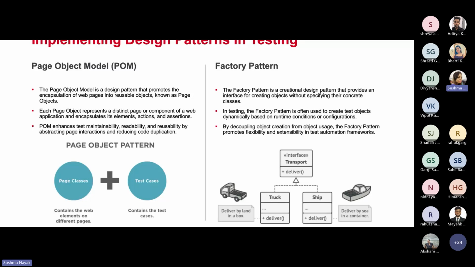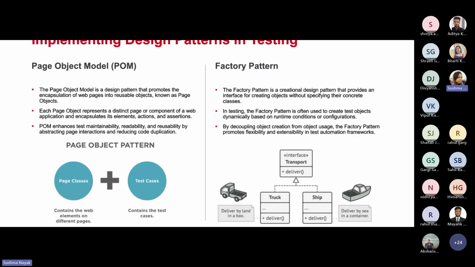Then come the methods. The methods within the page object class define actions or operations that can be performed on the UI elements, like clicking a button, entering text into a field, or doing a simple login. So these things are considered methods. Now the fourth one is assertion.